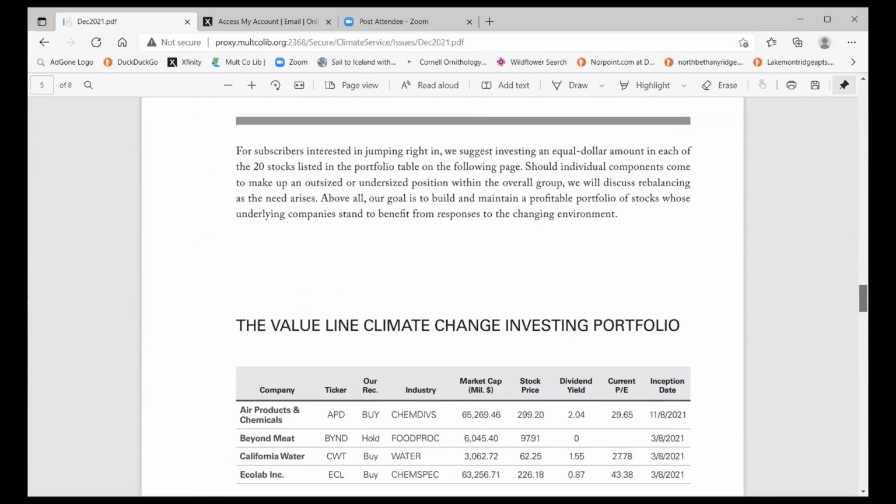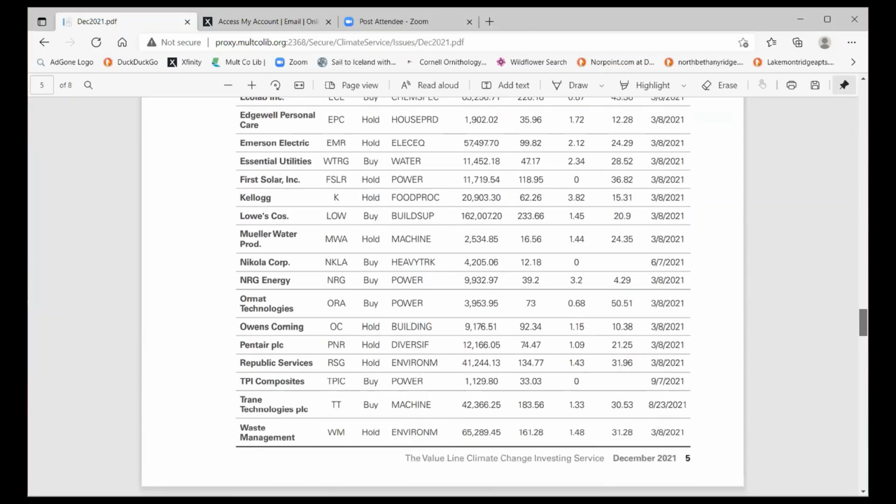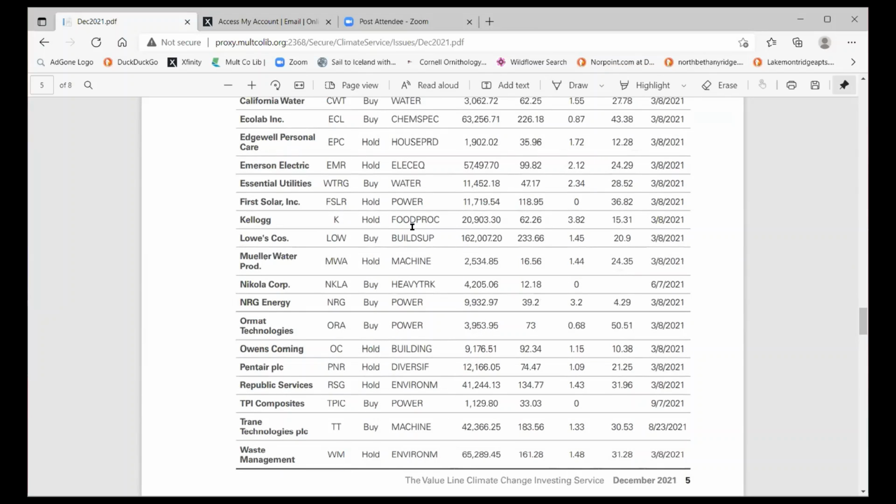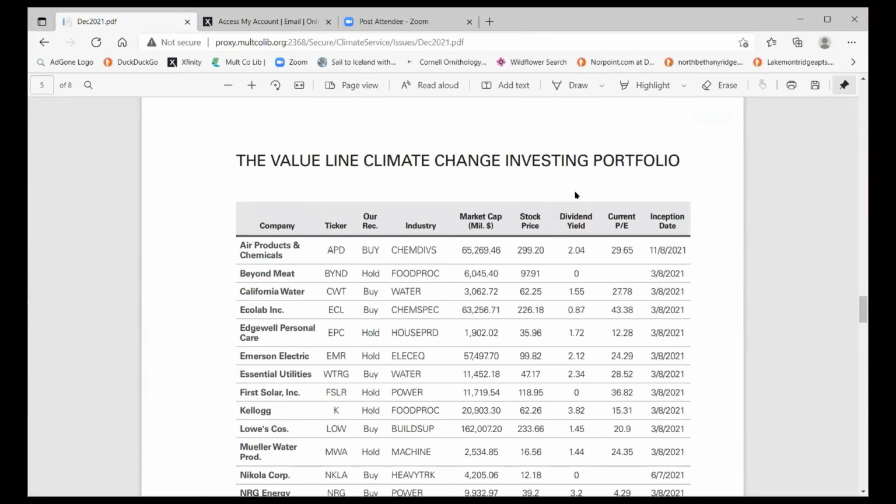So I would go down here and I would grab page 5. I have a shortcut to that also on my desktop for taking a look at these, the ones where it's all about climate change investing, if you are interested.